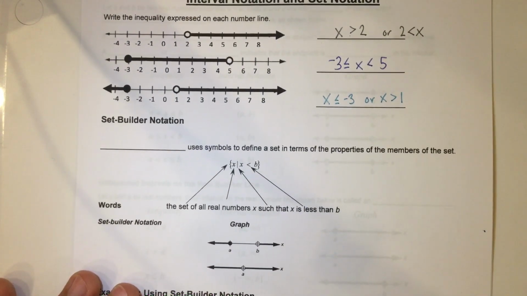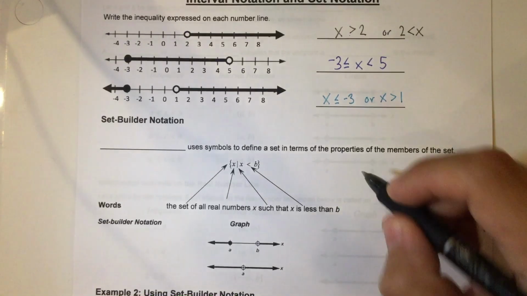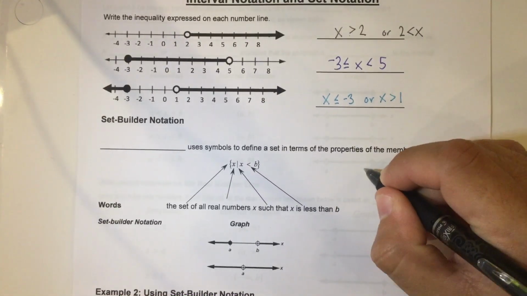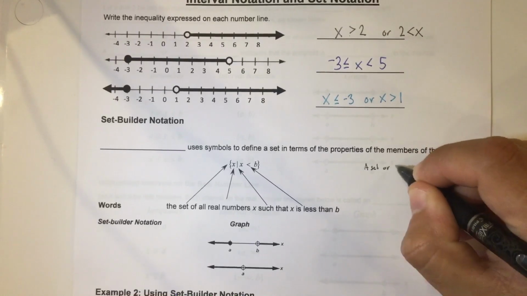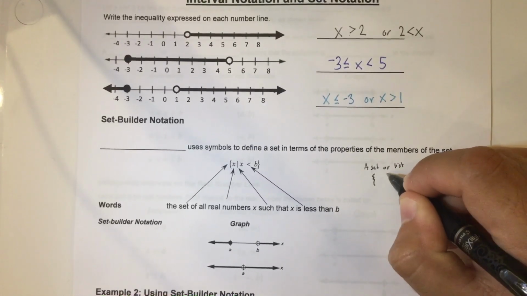And now we're going to get into set builder notation, and set builder notation is actually very similar to inequality notation. So here, let's talk about a couple things you probably need to know. First off, a set or a list must be written within braces. So if you have a set or list of numbers or whatever, it's supposed to be in braces.